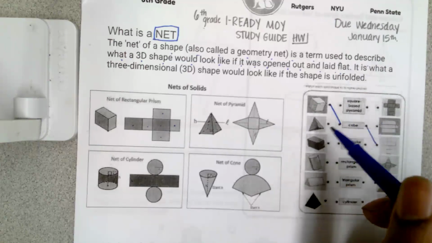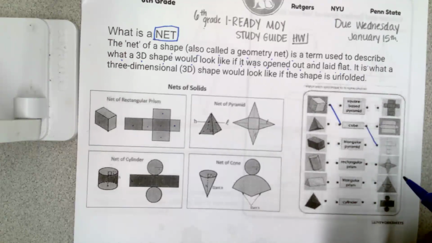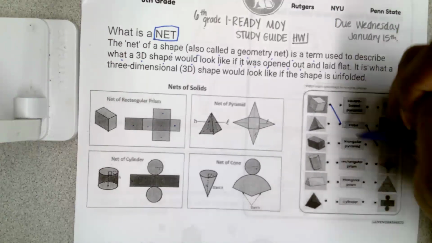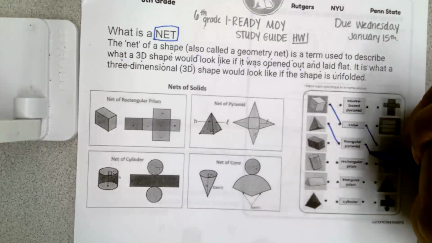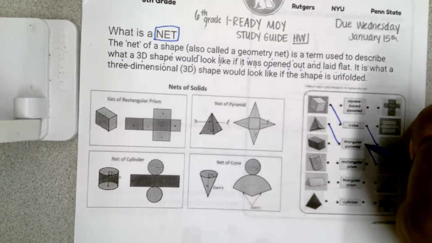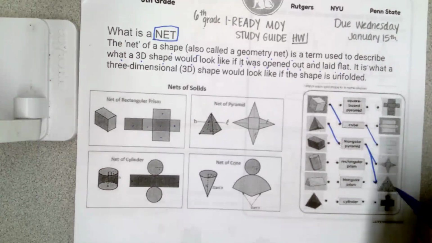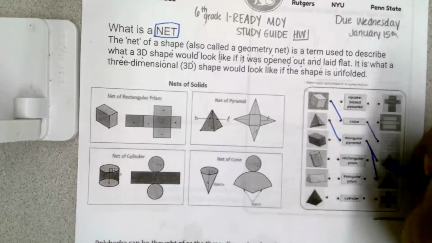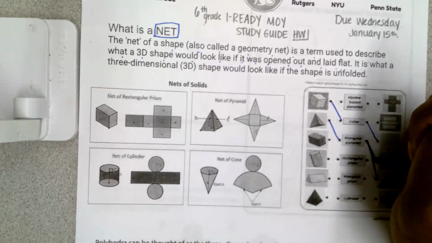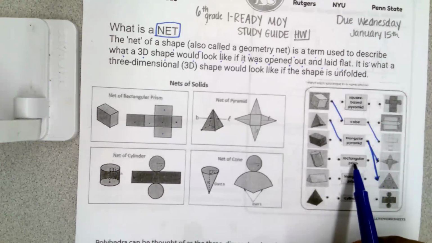All right. Now, let's look at this one. This is what you call a triangular pyramid, which means that all of the faces would be triangles, right? The net of the triangular pyramid would be this, all triangles connected together to create a triangular pyramid. So please excuse this. That's not that. That's this right here. All right. Rectangular prism, right?